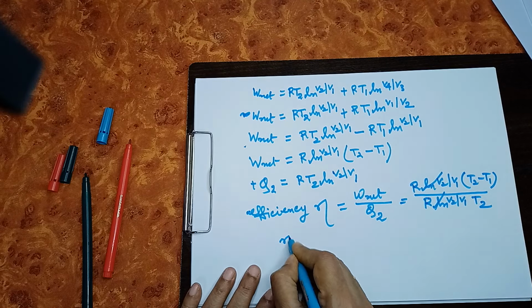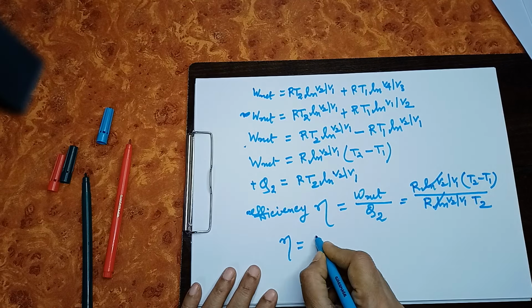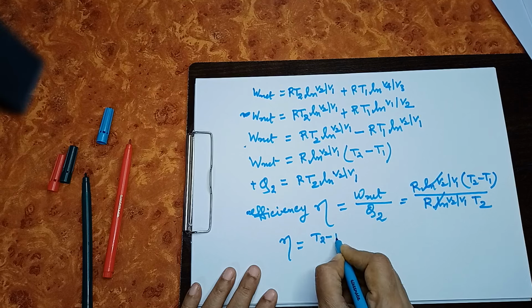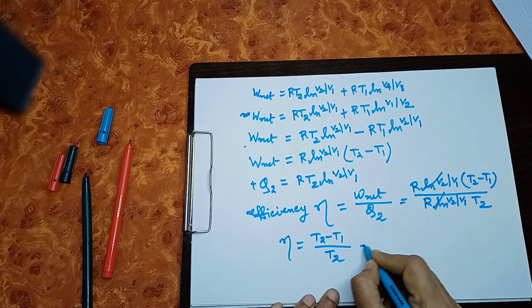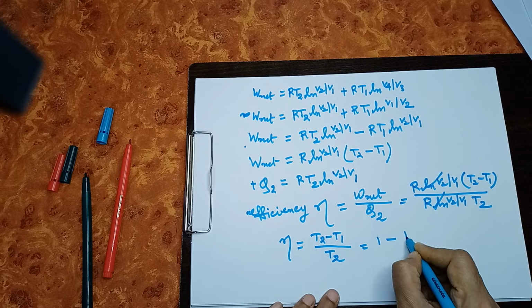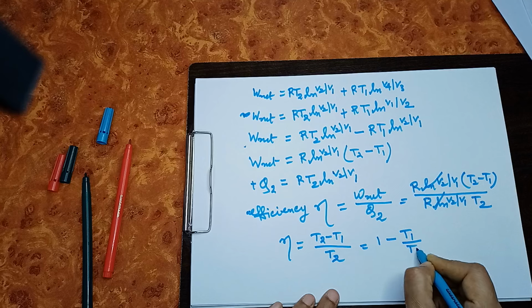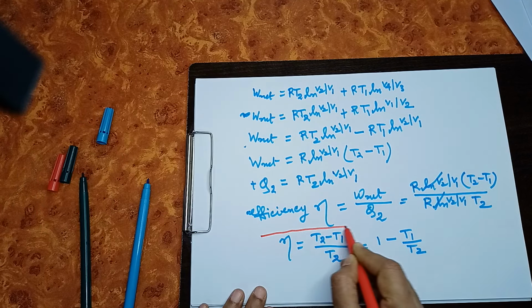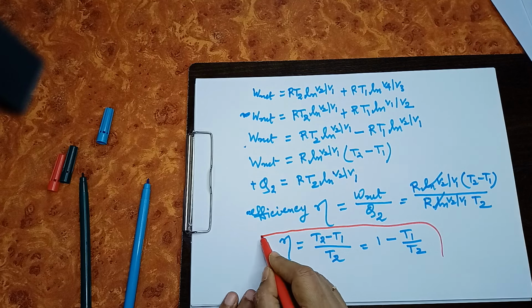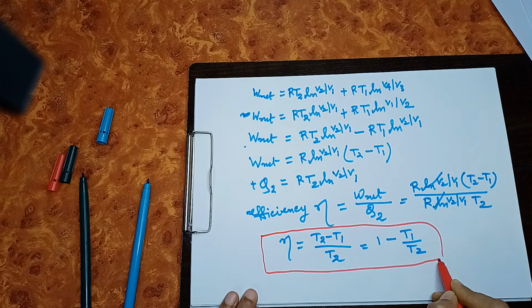So efficiency eta is equal to T2 minus T1 divided by T2, or we can write it as 1 minus T1 by T2. This is the expression of the efficiency of the Carnot heat engine. And you see, this efficiency depends only on the source and sink temperature, not on the nature of the working substance, that is the nature of the gas here.